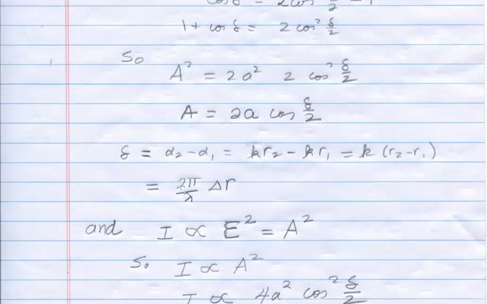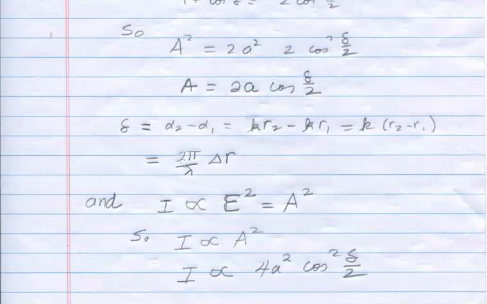Now, as we saw earlier, the intensity of the light is proportional to the square of the electric field. And at least in this average sense, one can square these up here.